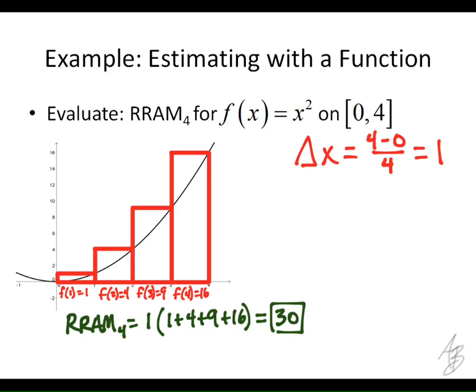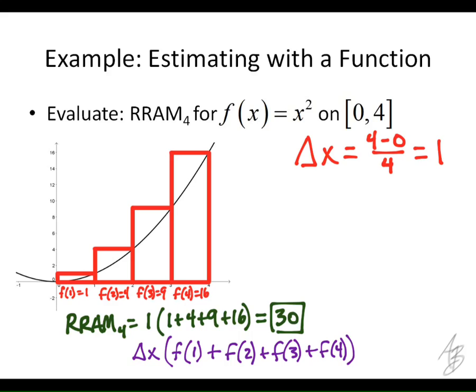So if we were going to try to build a formula for RRAM 4, it wouldn't really matter what interval we're on. We're going to take delta x and multiply by f of 1 plus f of 2 plus f of 3 plus f of 4.